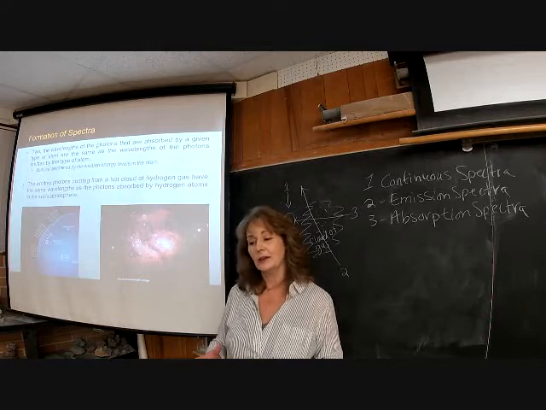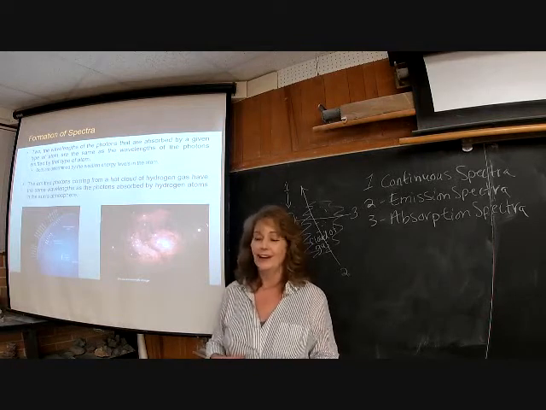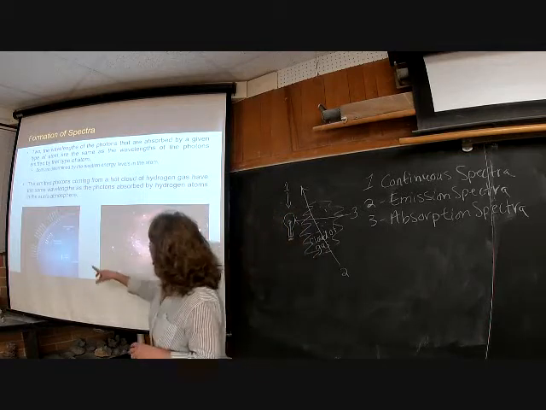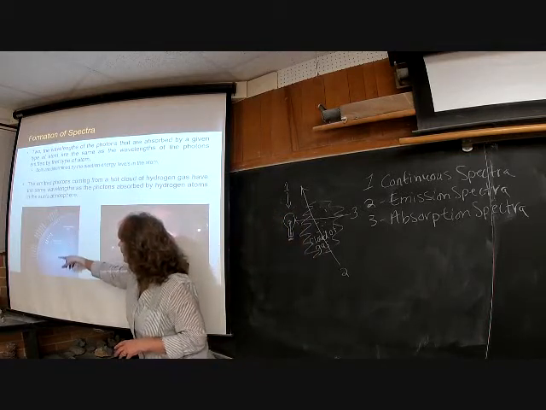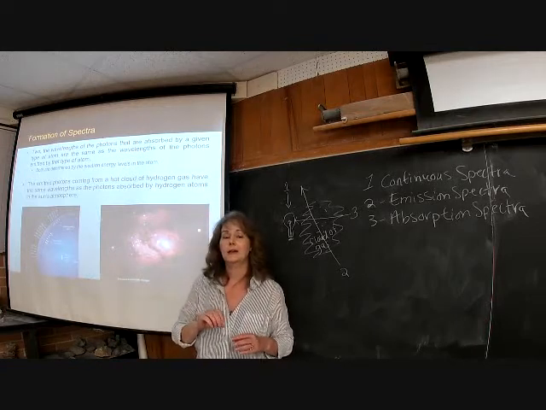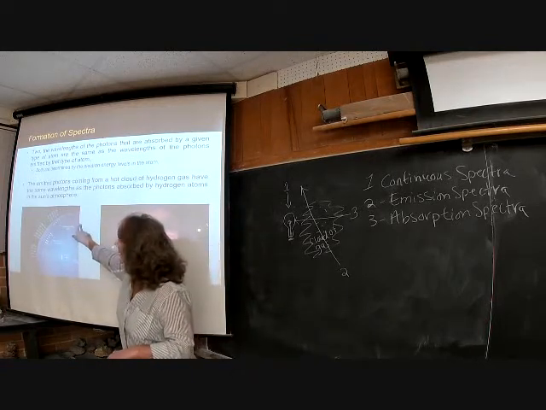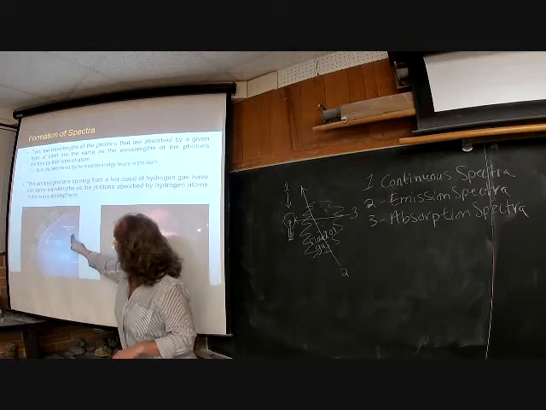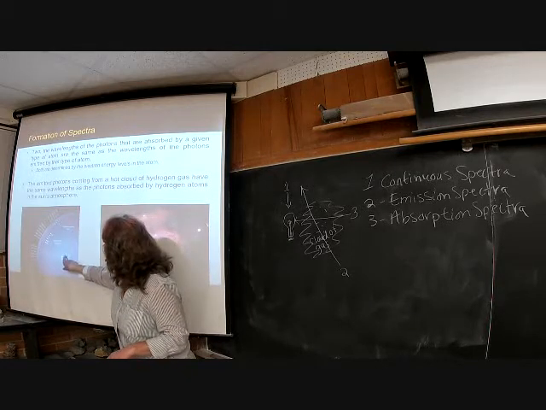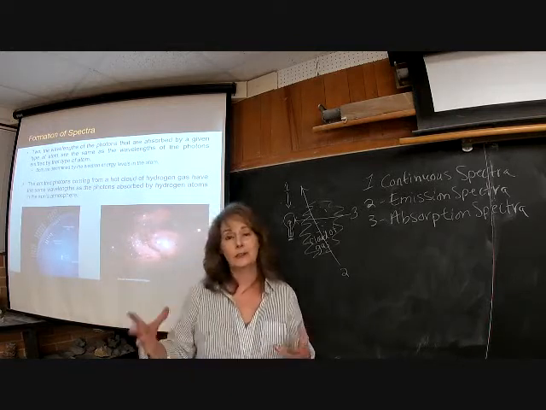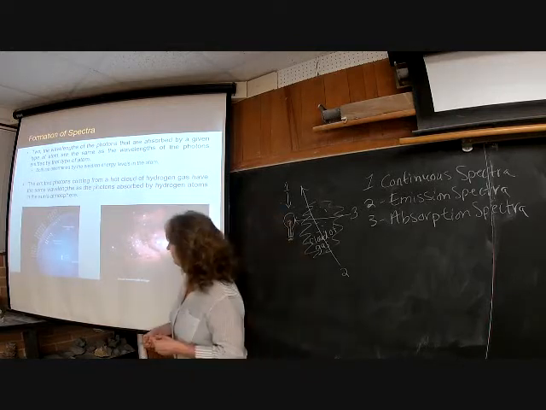Yeah, so this one's taking a closer look at the hydrogen atom. You might not be able to see that very well, but it's got a series of very distinct wavelengths, and they've put them into some series: the Paschen series, the Balmer series, and the Lyman series. And they're in various parts of the electromagnetic spectrum.